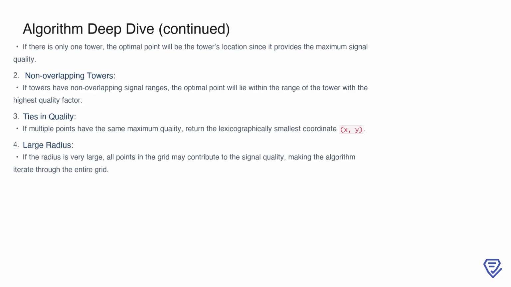Lastly, when the signal radius is very large, it's possible for all points in the grid to contribute to the network quality. In such scenarios, the algorithm efficiently evaluates the entire grid without missing any potential optimal points. By accounting for these edge cases, the solution remains consistent and reliable across a wide range of inputs.